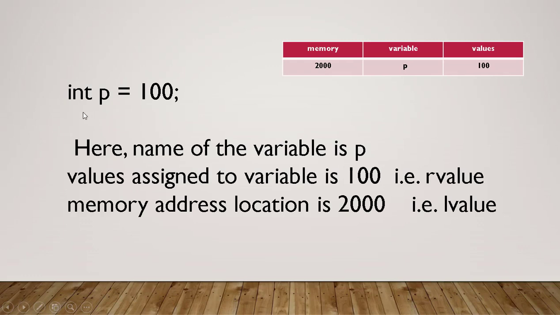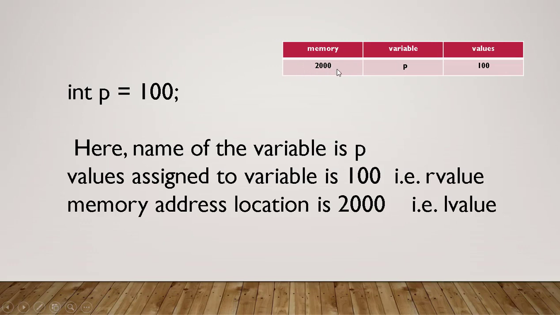This is an example shown on the screen, that is int p = 100. That is, 100 has been assigned to p. The value of p is 100. And what type of data type is it? It's an int type. Int is an integer. Here you can see a diagram. p is the variable name, and the value that has been assigned to p is 100. In which memory location has it been stored?